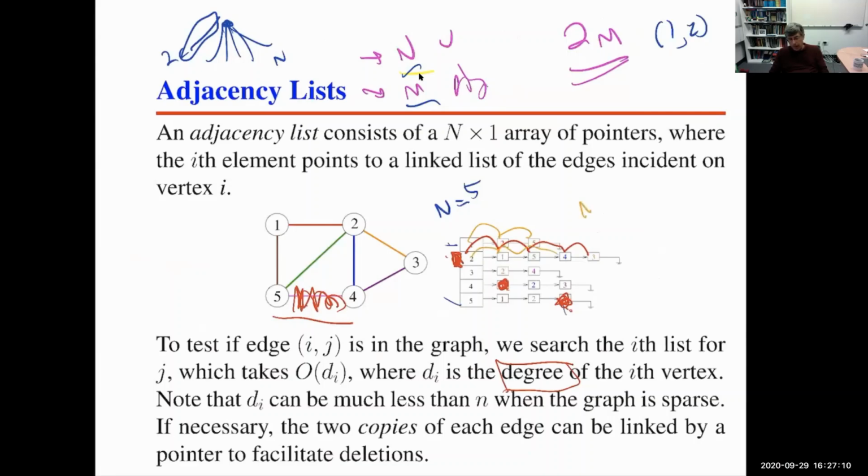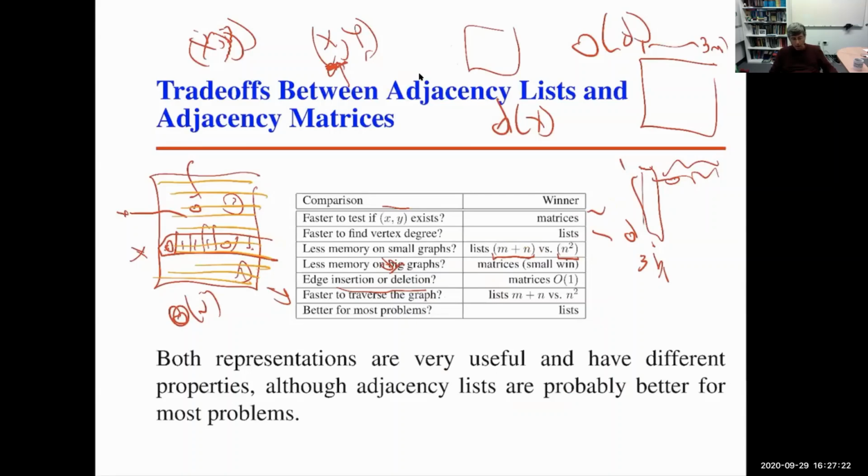This should be n plus 2m steps. So doing an operation on a sparse graph is much faster with an adjacency list. Not just that it uses less memory, but it uses less of everything.